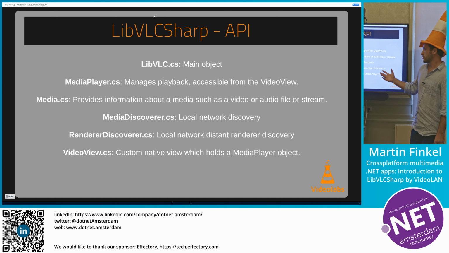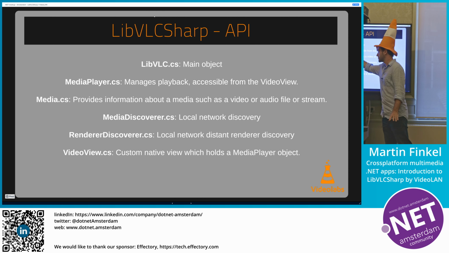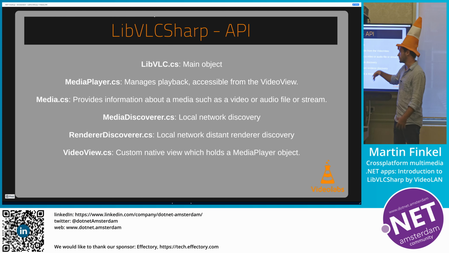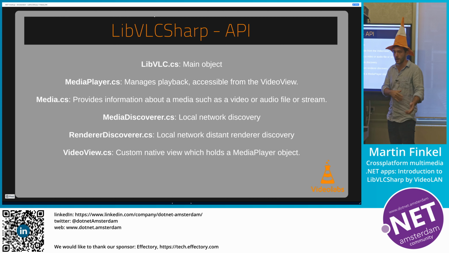So I'm gonna show you some code later. I just want to quickly give you an overview of the API, which is really simple. You have the main LibVLC object, which is used to create further objects, and you get a bunch of information from your system using that. Media player: play, pause, seek, rewind, the classic ones. You can also attach a media player to a video view, which is provided.